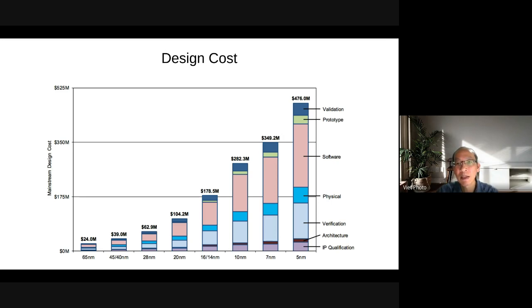The physical cost is that much, but the verification you can see is high. Architecture, the design here, I think they put it here, but based on what I see, the cost of design in logic synthesis is much more than that. It's not just this. You can see physical here and this one.